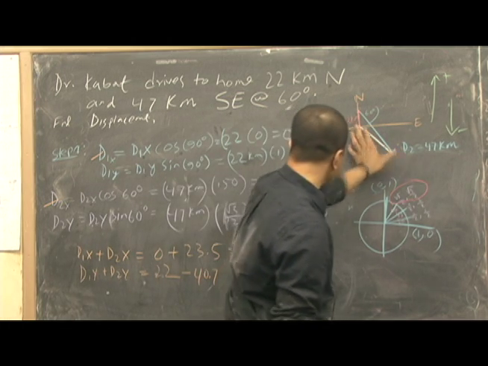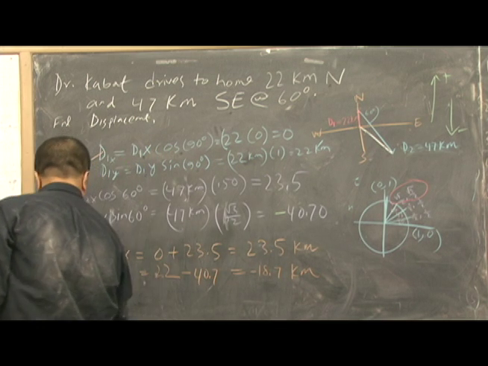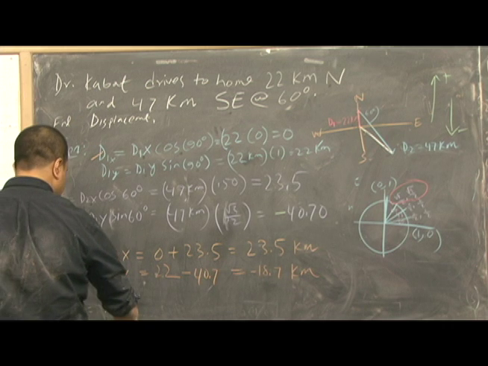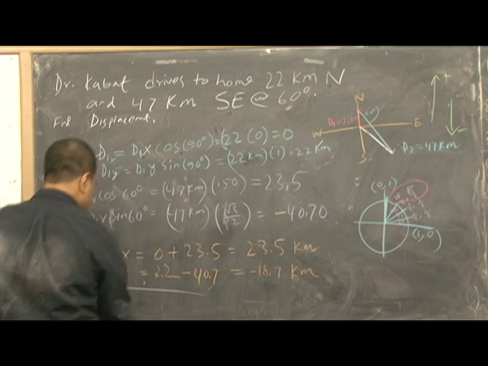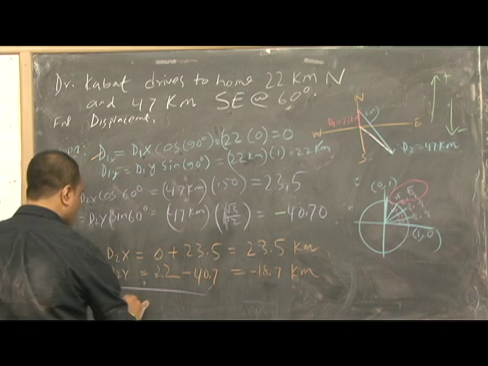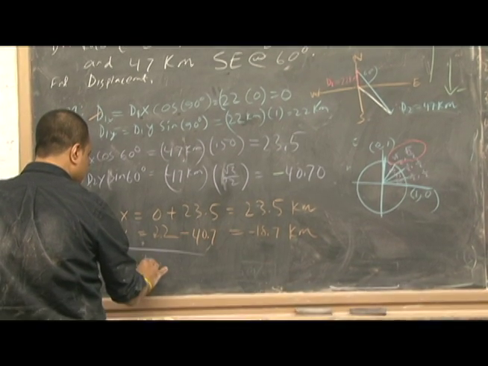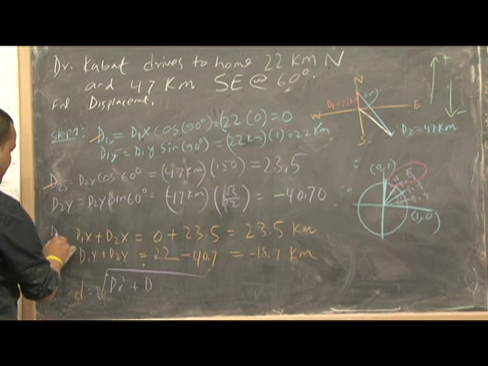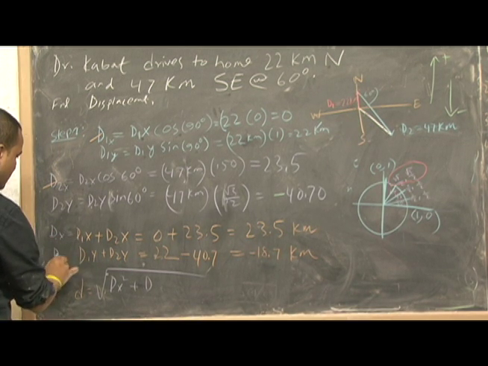So what was the displacement? In fact, this is the last step. The displacement is the square root of dx squared plus dy squared.